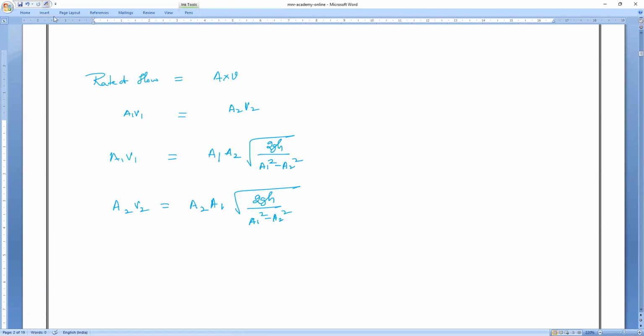Now again, if you want to get it, what is rate of flow? Rate of flow is A into V. Now you want to get V1 and V2. Let me take this is A1, and A1 V1 is equal to rate of flow. So I want V1. V1 is equal to what, everybody? Rate of flow divided by A1.